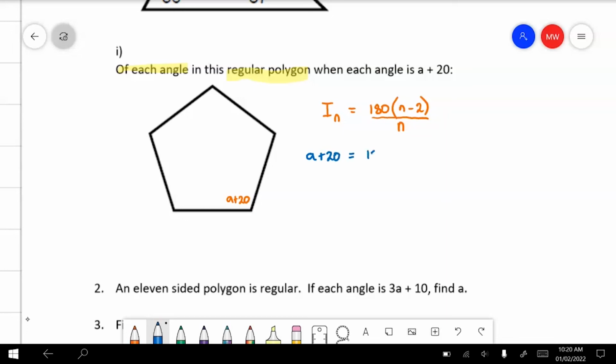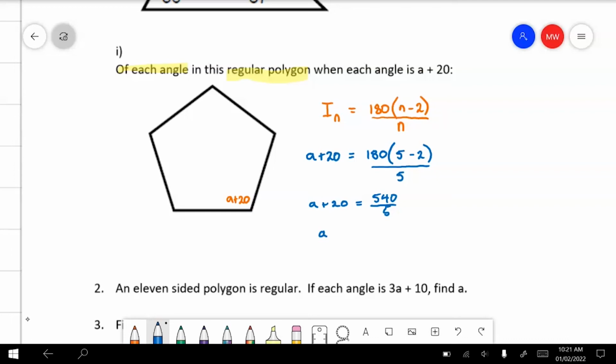And then we've got 180. Number of angles is 5. So we'll fill in the formula. And that means that we'll have A plus 20 will be equal to 180 times 3, which is 540, all divided by 5.